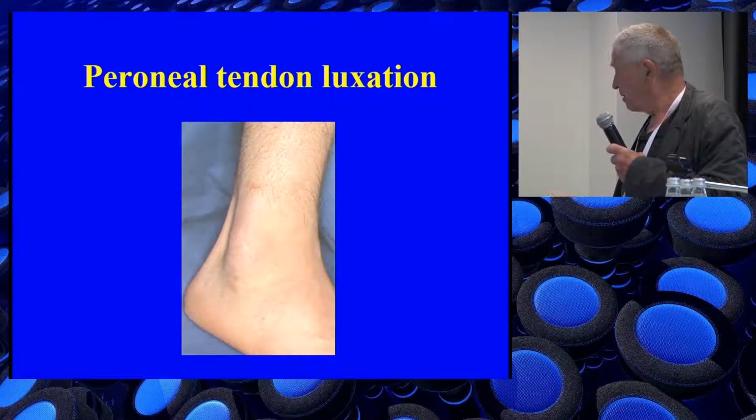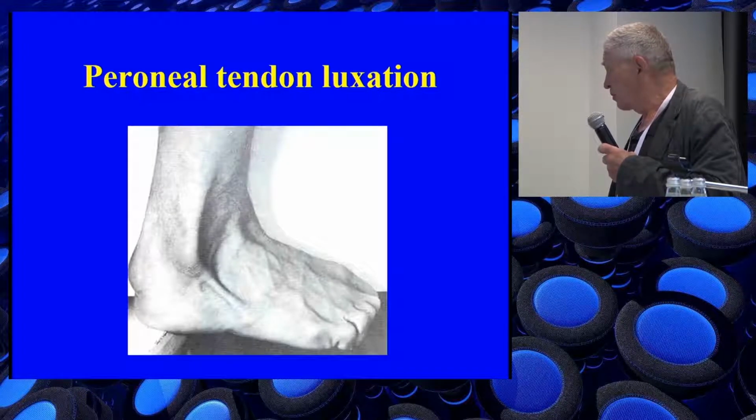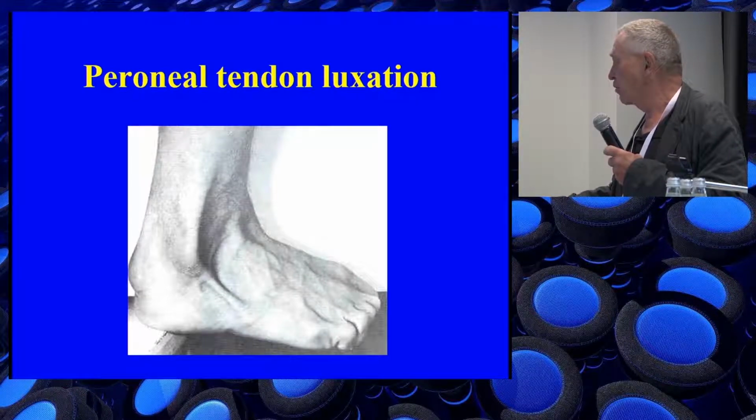In an easy case, you can see a swelling just on the top and in the front of the fibula, and in the most obvious case, it's hard to miss.